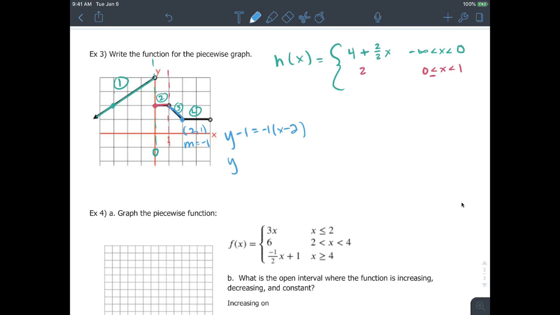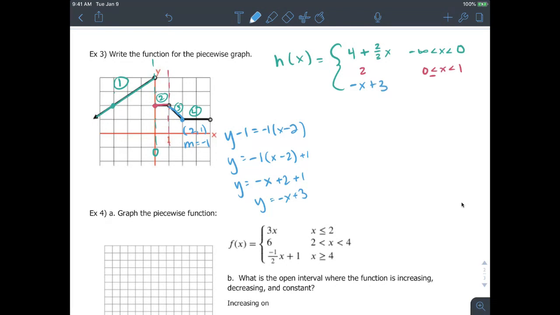And I'm just going to add the 1 to the other side. So -1 times x minus 2 plus 1. Or you can simplify it: -x plus 2 plus 1. So y is equal to -x plus 3.